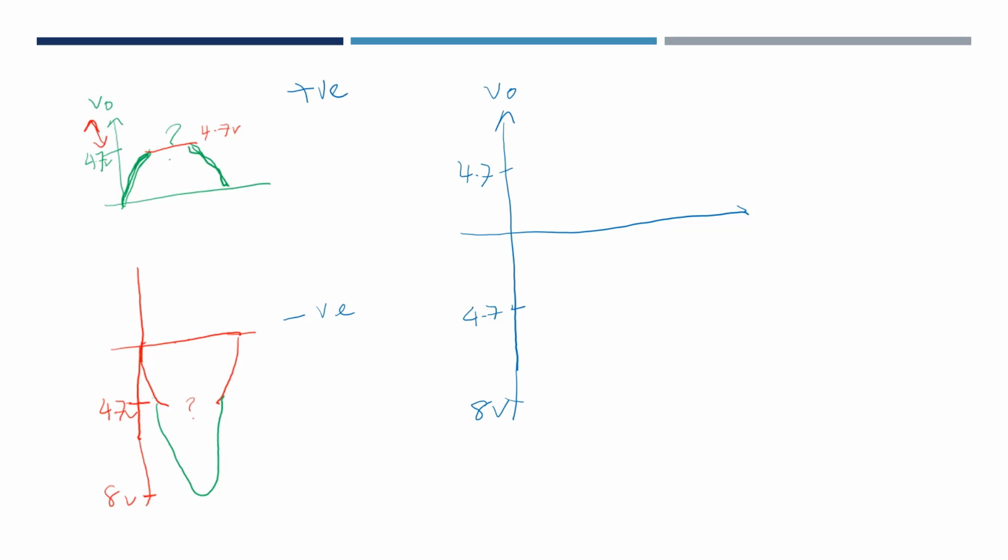For the positive input, from 0 to 4.7 is like this, and then we have here, and combined with the negative cycle we have from here to 8 volt around here. So this is our final result for the V out.